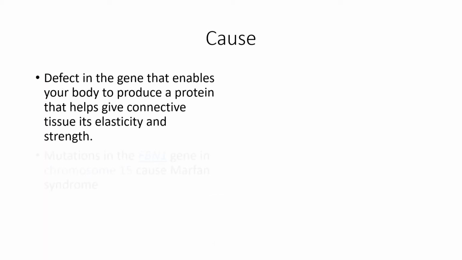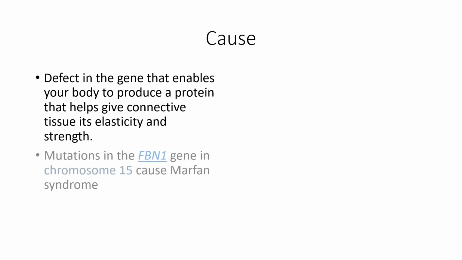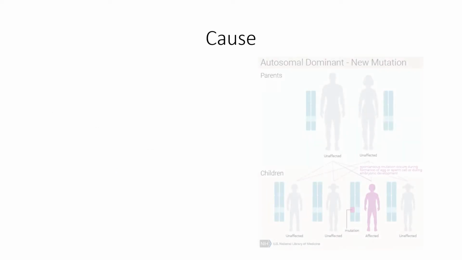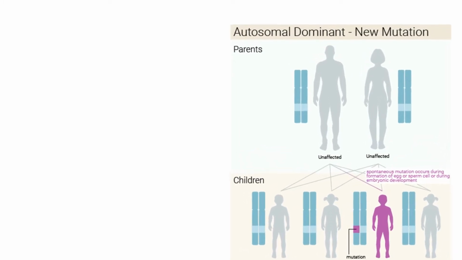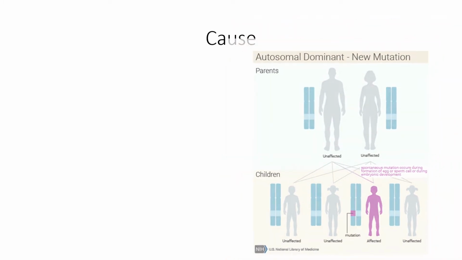Coming to the cause of Marfan syndrome, it is mainly because of a defect in chromosome 15, that is, the mutation of the FBN1 gene in chromosome 15 causes a defect in the connective tissue elasticity, thus causing Marfan syndrome.